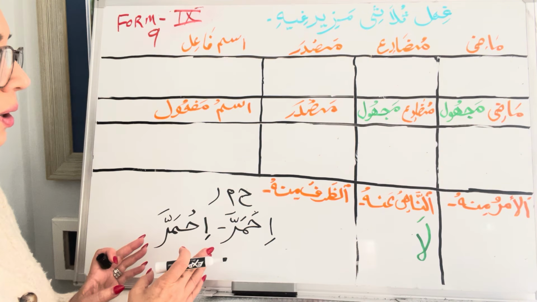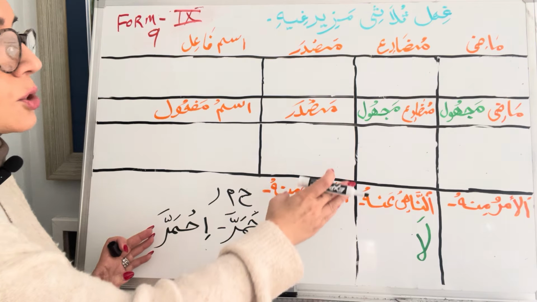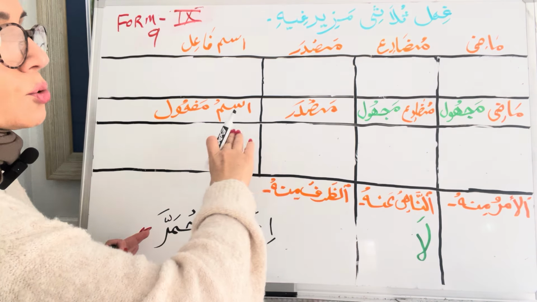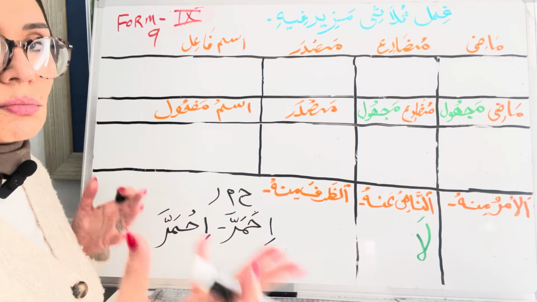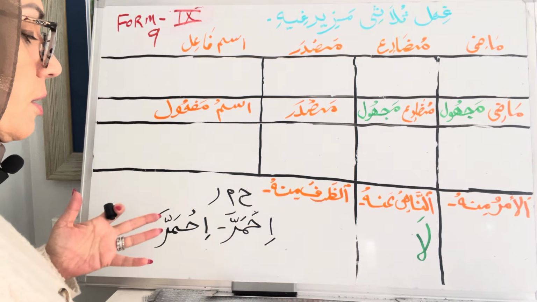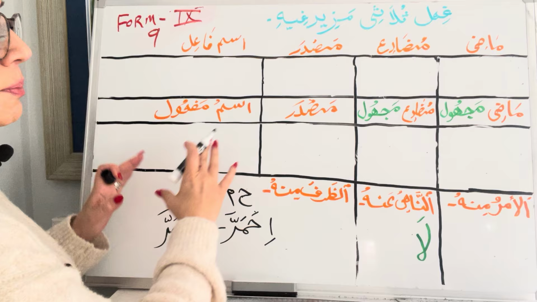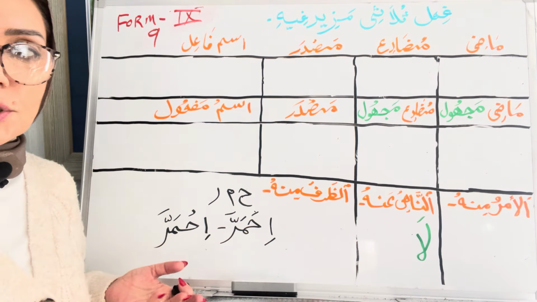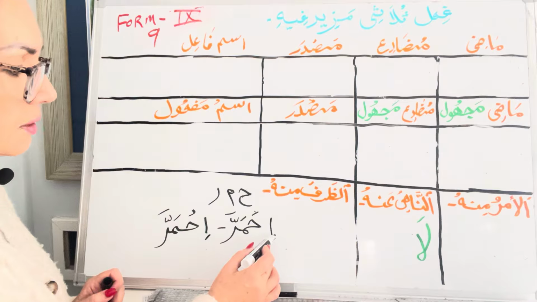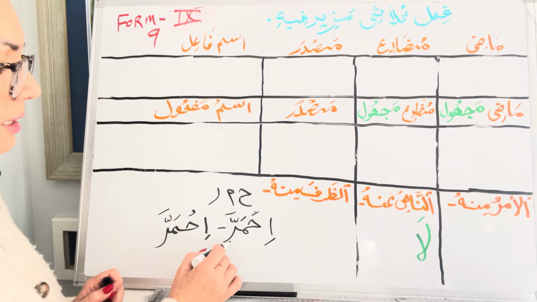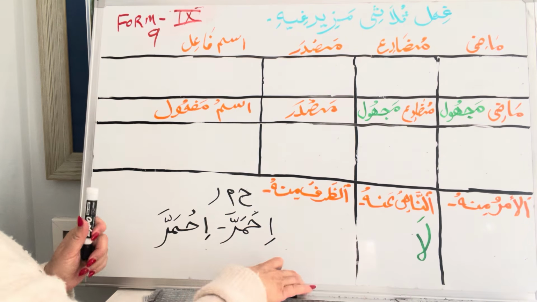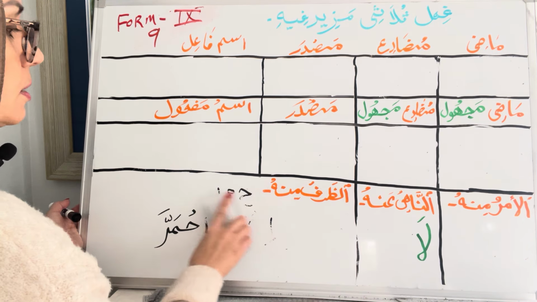So this would be the form, and in this form, this section is not there, the majhul, because it's talking about color. So there's no majhul version of it. There's another reason that I'm not going to cover this form because that's pretty much it. We have the alif, and then the last letter is doubled, that is added in here. So I'm going to go ahead and erase this.